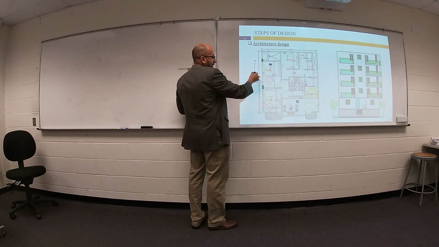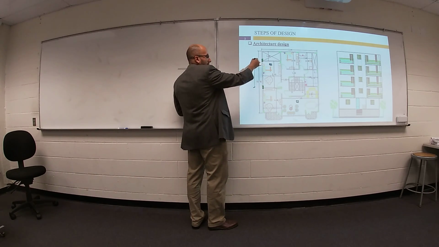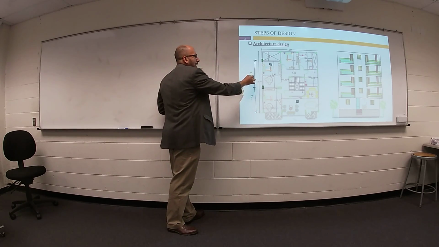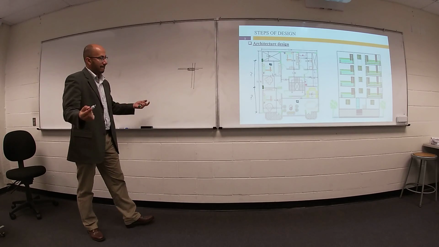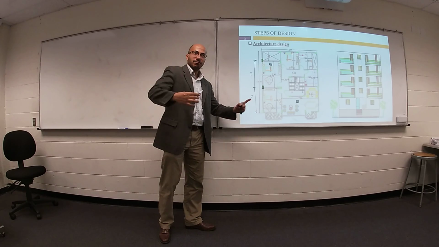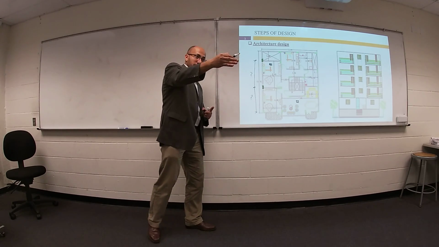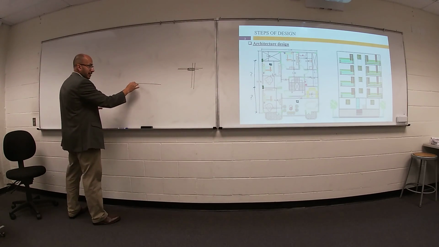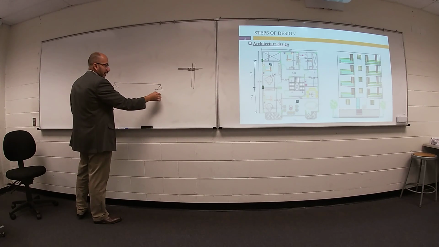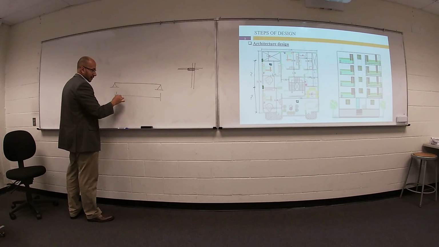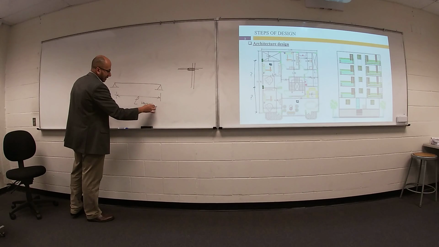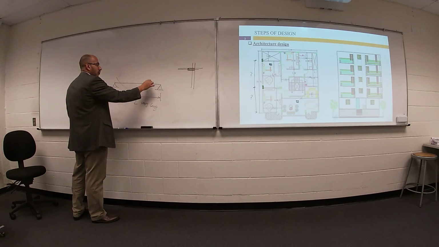Also, spacing between each column. What is the importance of spacing? What will be supported by this column? Beams or floors. So we have a beam supported here by a column, supported here by a column. If this length, which called L, is a very long distance, what do you expect for your bending moment?